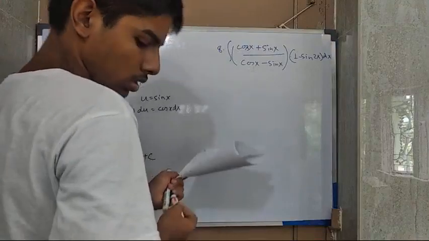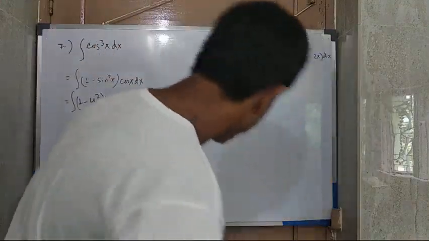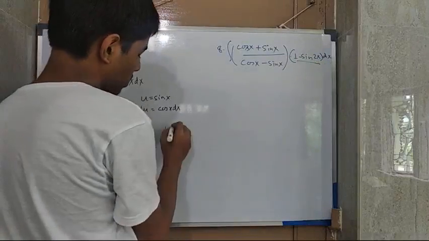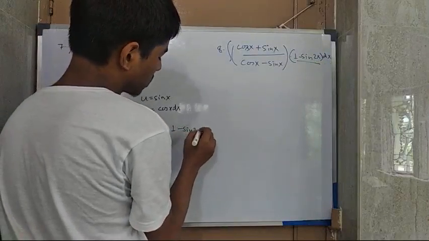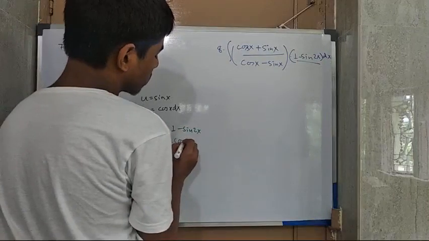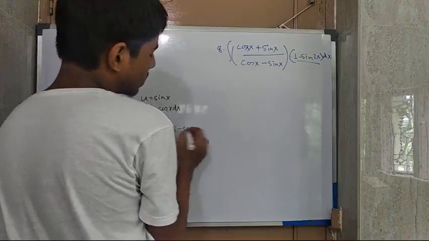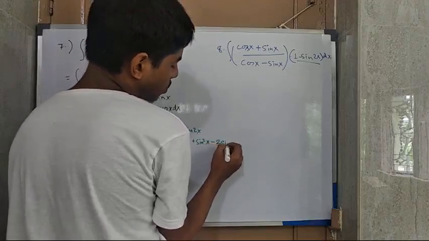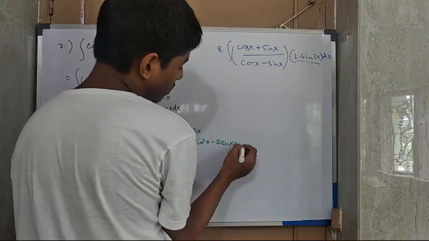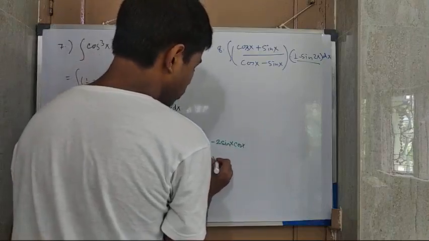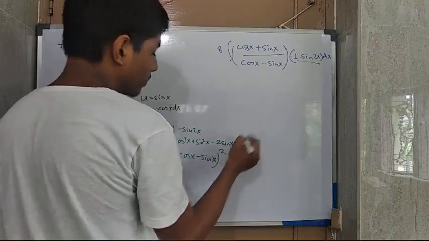So there is a little note. Let's simplify this. 1 minus sin 2x can be written with 1 as cos square x plus sin squared x, and sin 2x can be written as minus 2 sin x cos x. So this can be written as cos x minus sin x whole square.